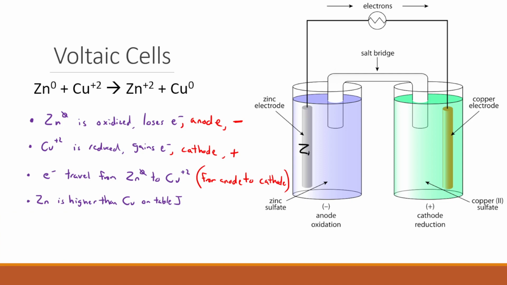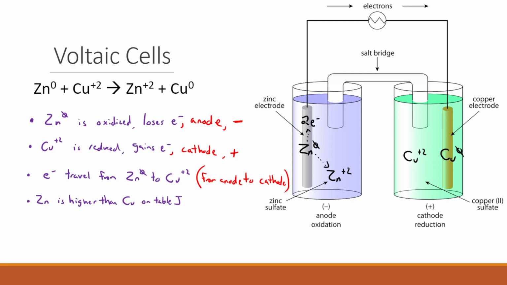Let's put in our labels again from before. Here's our copper ions, zinc ions. Every time this zinc gets oxidized, it's going to create 2 electrons and a zinc ion.